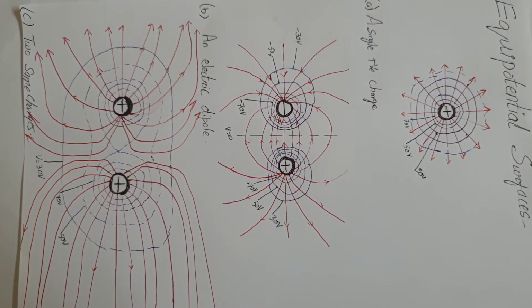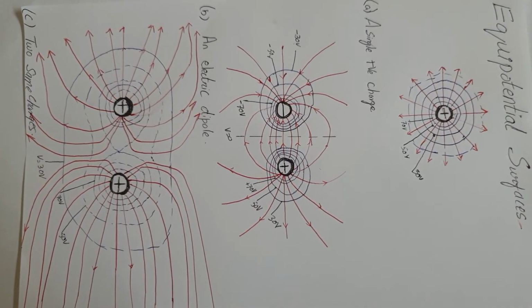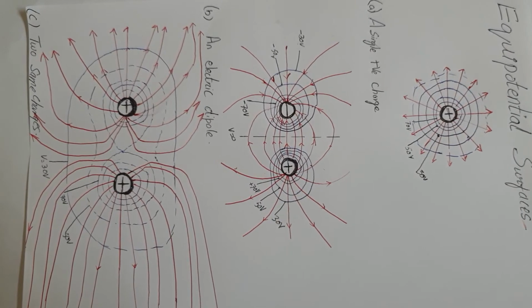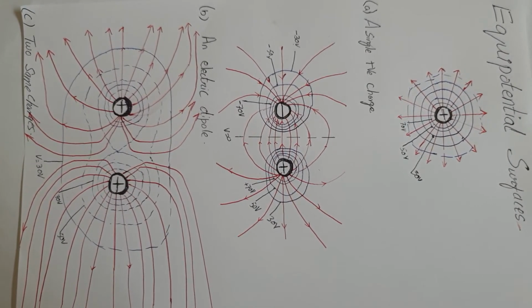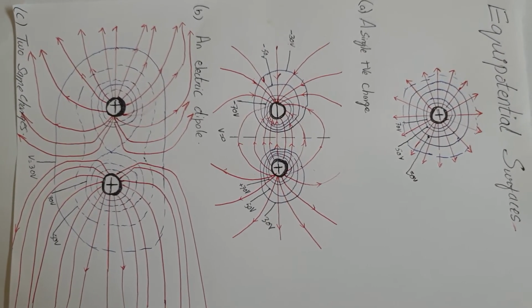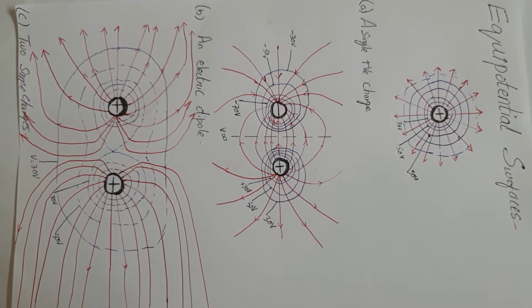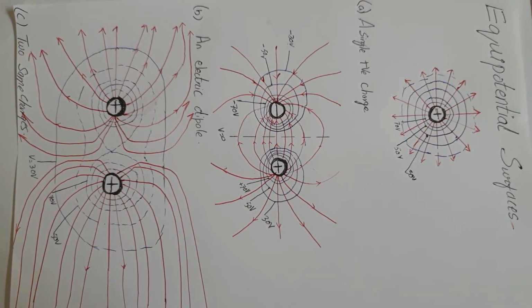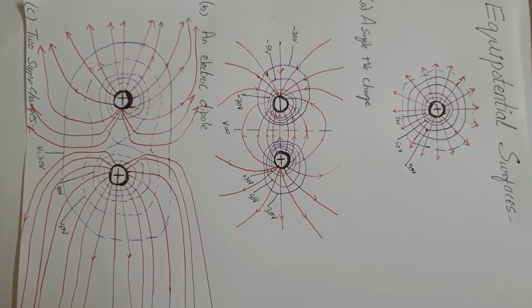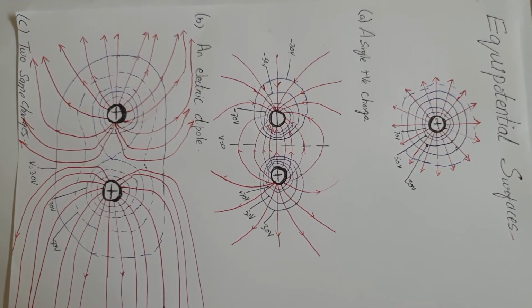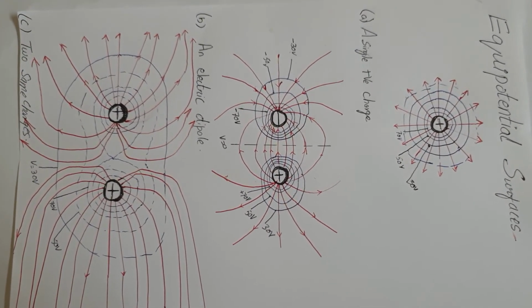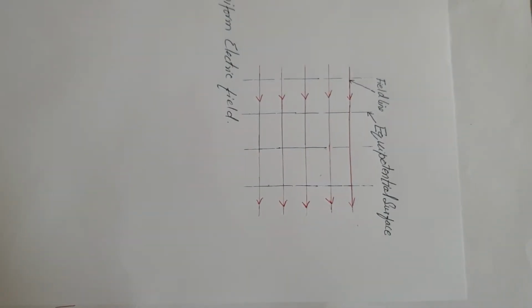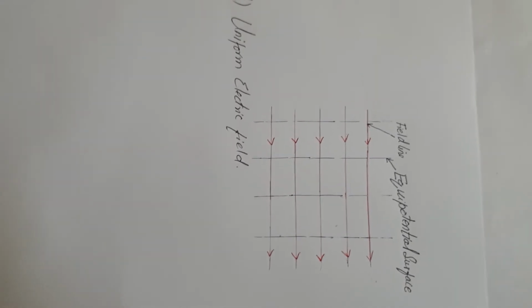From symmetry, the equipotential surfaces produced by a charged particle or a spherically symmetrical charge distribution are a family of concentric spheres. For a uniform electric field, the surfaces are a family of planes perpendicular to the field lines.